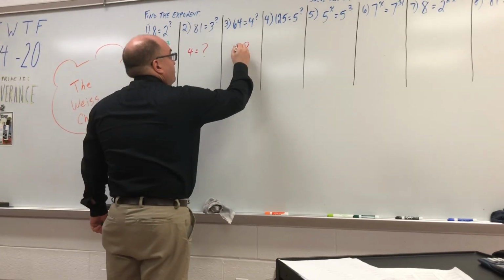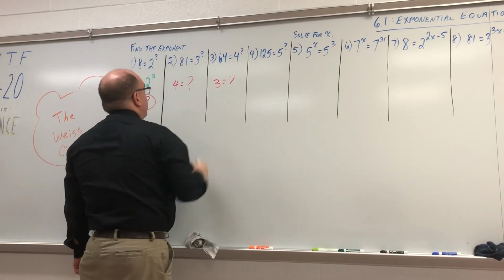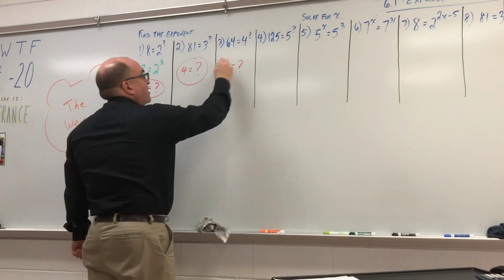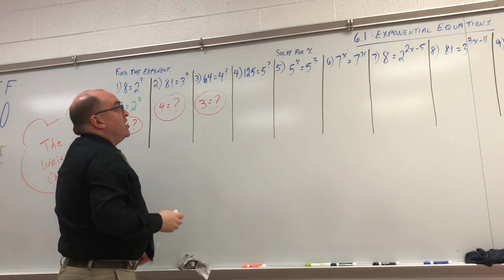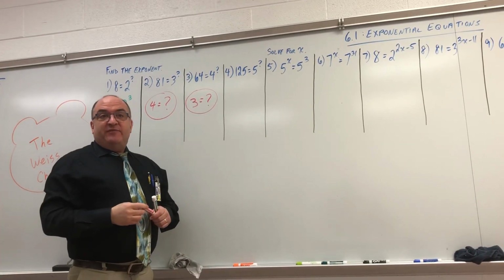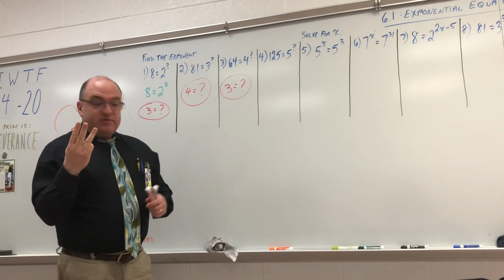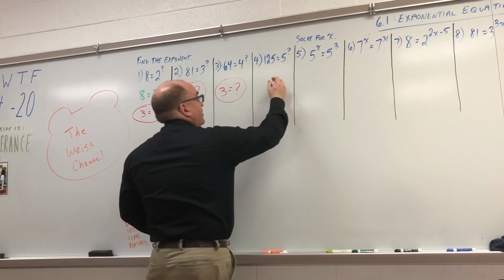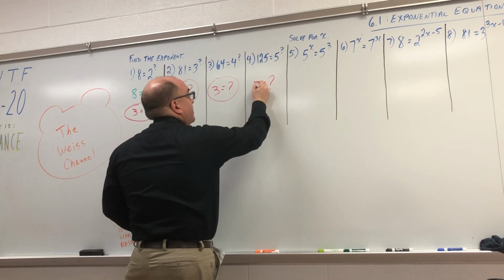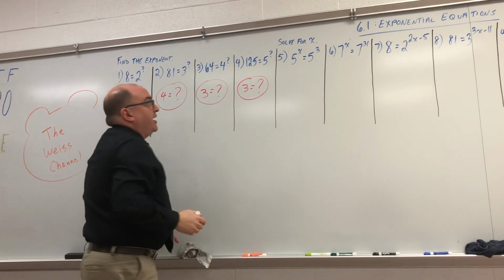To the third power. Right? Question mark equals 3. Okay? 125 equals 5 to the what power? 5 times 5 is 25, times 5 is 125. To the third power. Question mark equals 3. All right?